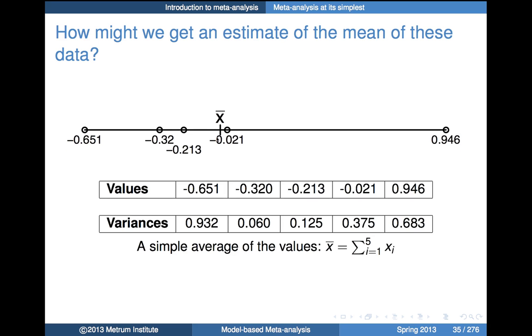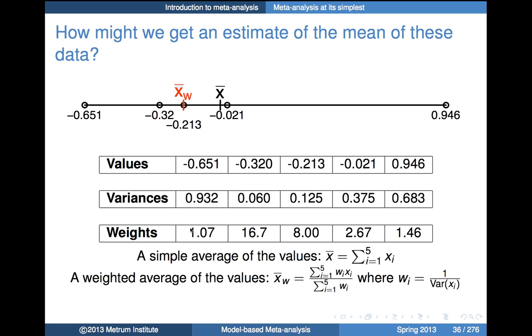But if I gave you a little bit more information, if I told you, for example, that some of the values were known more precisely, so for example, this value of minus 0.32 was known with a variance of 0.06, so that's known more precisely than say the value of minus 0.651, which has a variance of 0.932. We might be able to use that information in helping us get a more precise measure of the central tendency of these data.